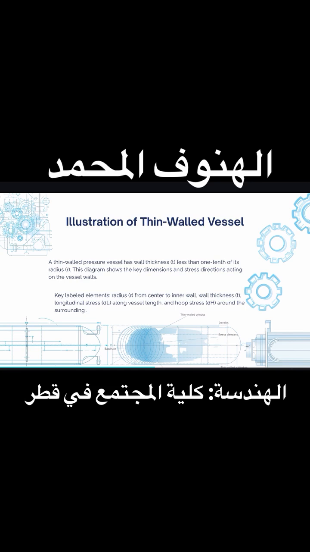The key labeled elements are: radius from the center to the inner wall, wall thickness, longitudinal stress along the vessel length, and hoop stress around the circumference.